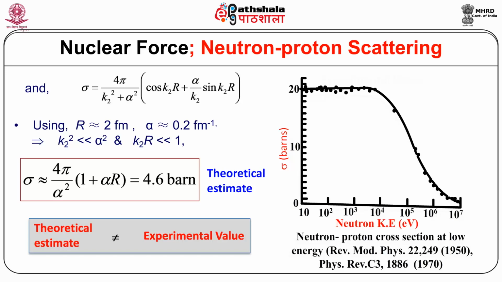So it means if we consider a neutron-proton system, then the scattering cross section for NP scattering at low energy comes out to be around 4.6 barn. And this is the theoretical estimate. But when we plot the experimentally observed cross section as a function of neutron kinetic energy, we find that the two values do not match with each other.